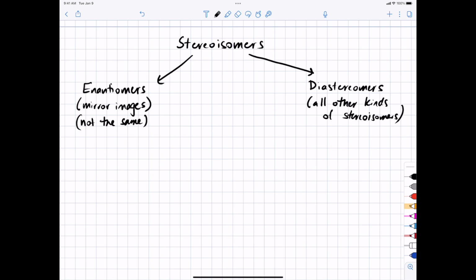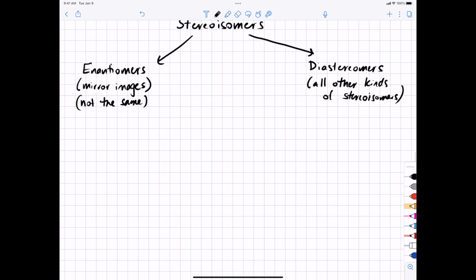So, examples of diastereomers that you have already encountered: alkenes, cis versus trans, or E versus Z. That is a diastereomer issue.